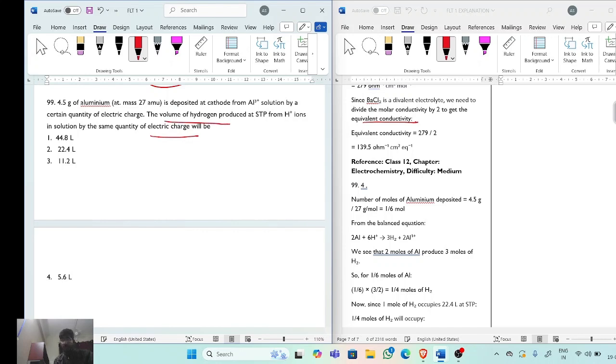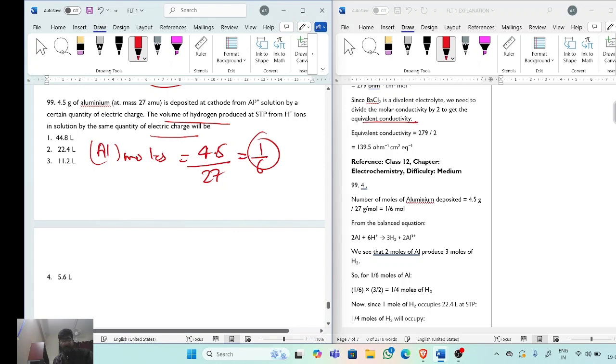First of all, the moles of aluminium will be given mass, which is 4.5 gram divided by 27, which is 1 by 6. Now the balanced equation will be 2Al plus 6H+ gives 3 times hydrogen gas plus 2 times aluminium 3+ ion.